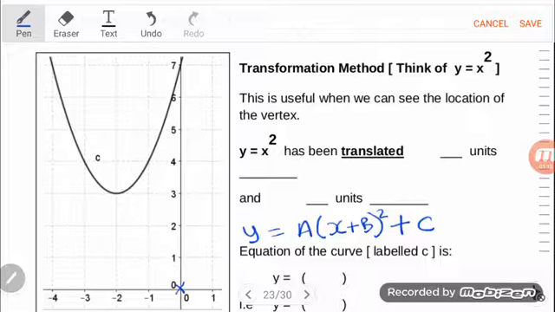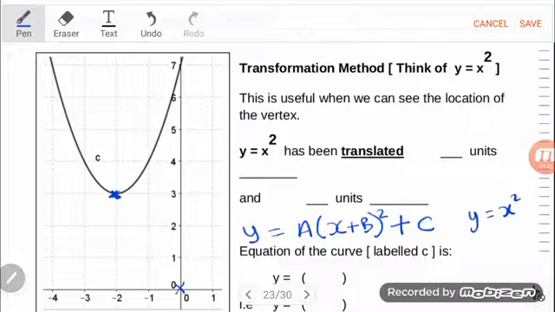Okay, so the most basic parabola will be x squared, and that starts with our vertex down here at the origin. Right. However, on our graph, our vertex has shifted to the left and up.